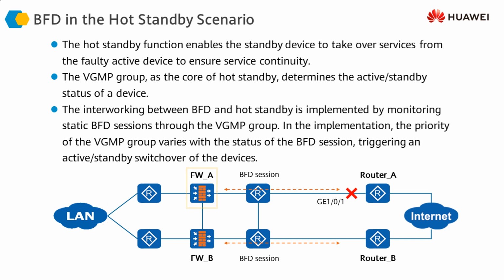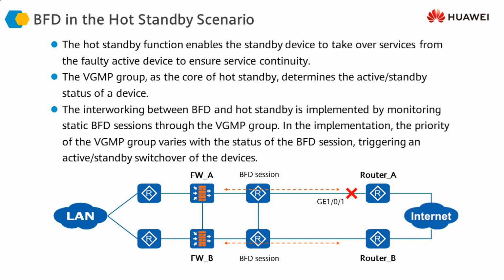Firewall A is being used for forwarding the traffic, and firewall A is running BFT with router A. As soon as the connectivity goes down between firewall A and router A, since HRP on firewall A is tracking the BFT session between the firewall and the router, as soon as HRP knows that router A is no more reachable, it is immediately going to switch over the traffic from firewall A towards firewall B, which means that now the traffic is going to be moving through firewall B instead of going through the firewall A.